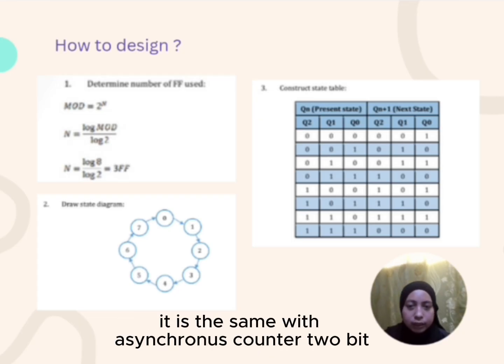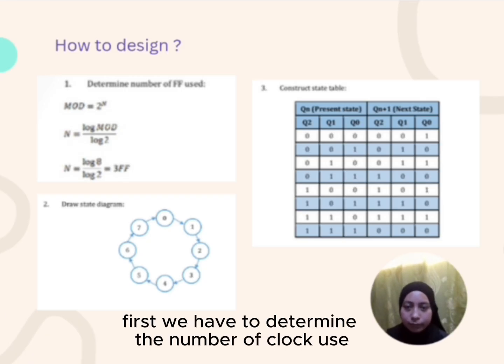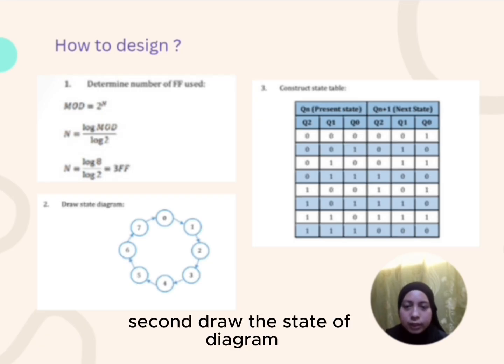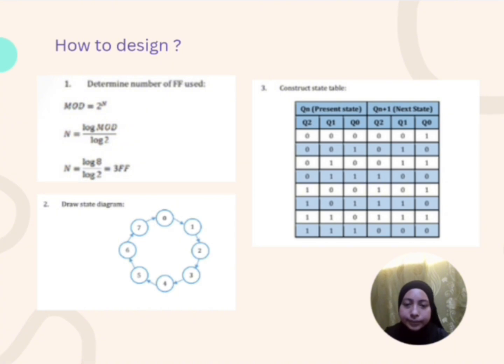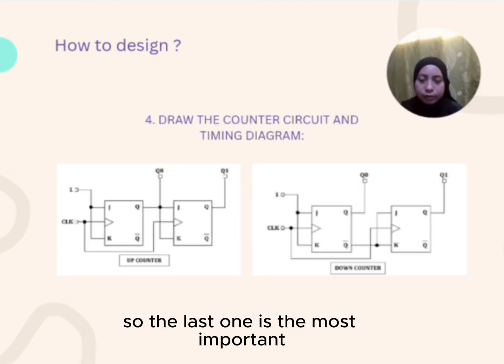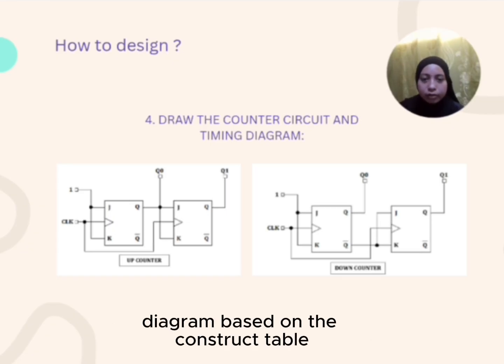It is the same as the asynchronous counter 2-bit and 3-bit that we know. First, we have to determine the number of flip-flops used. Second, draw the state diagram. Third, construct the state table. The last one is the most important, which is we need to draw the counter circuit and timing diagram based on the constructed table.